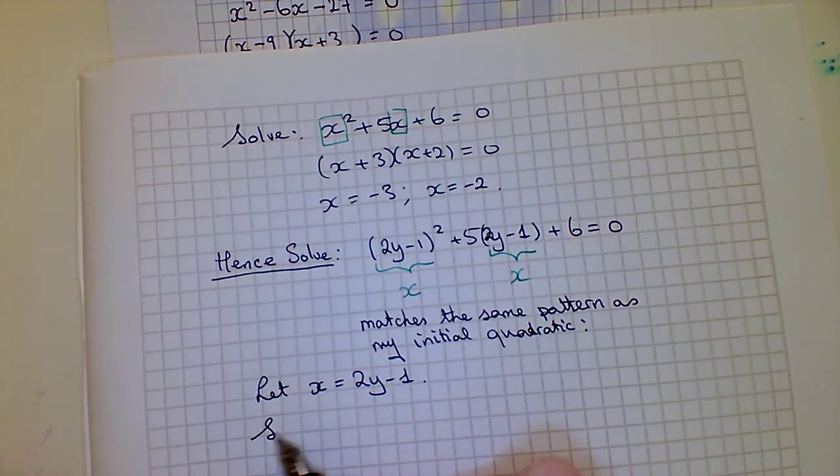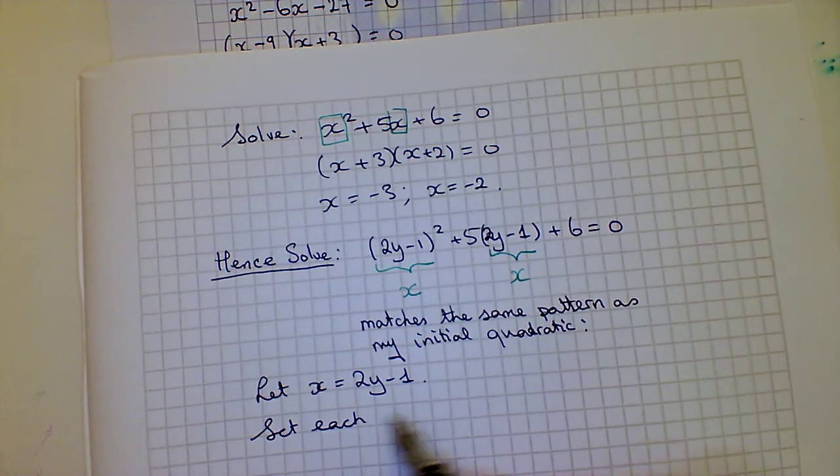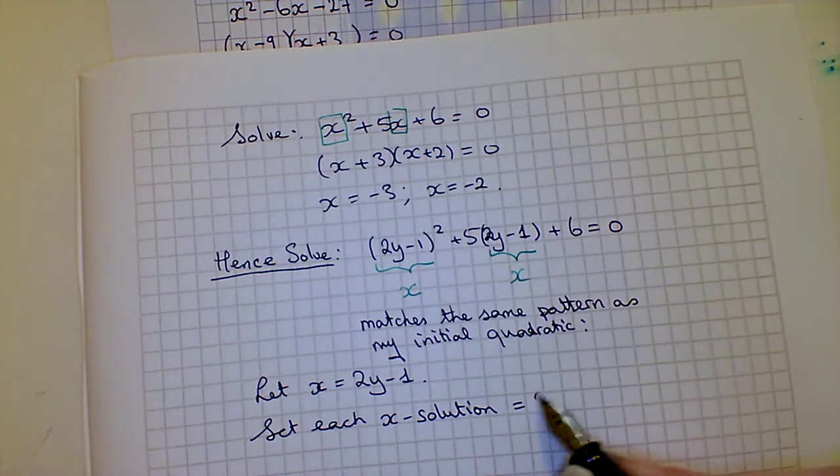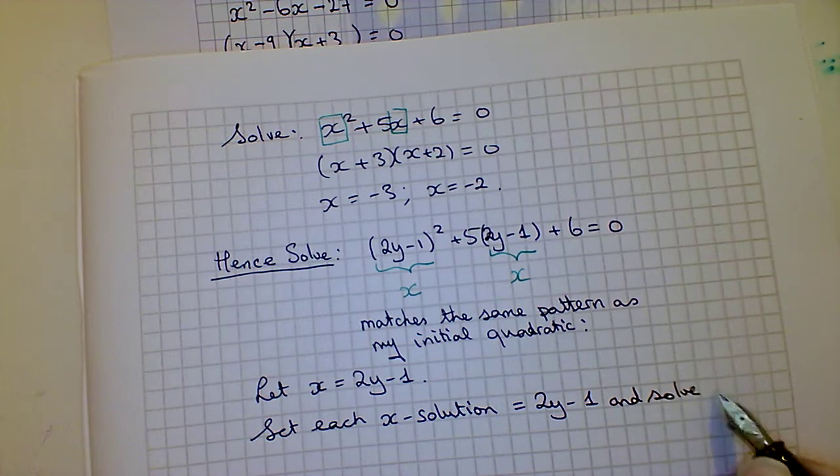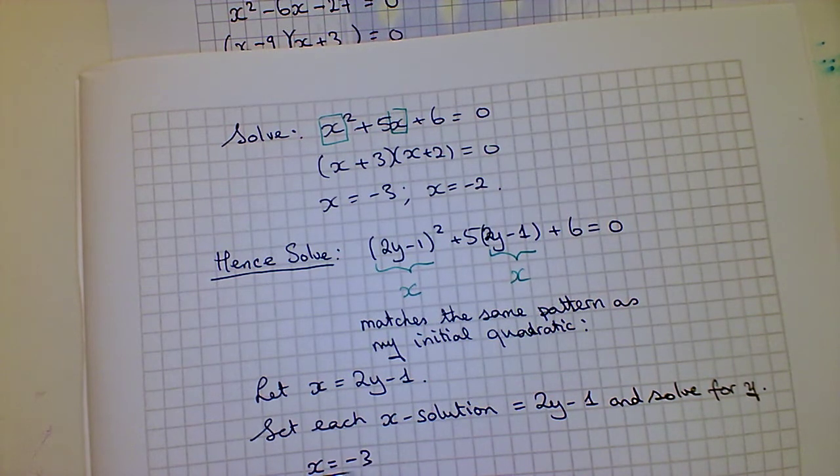And then we can set each x solution equal to 2y minus 1 and solve for y. So what we get is that when x is equal to minus 3, from up here, 2y minus 1 must be equal to minus 3, 2y is equal to minus 2, and y is equal to minus 1.